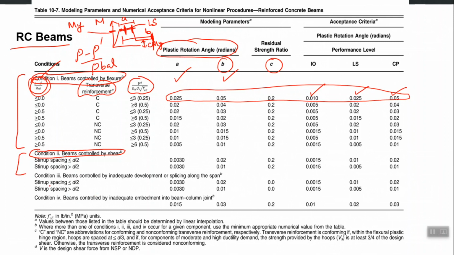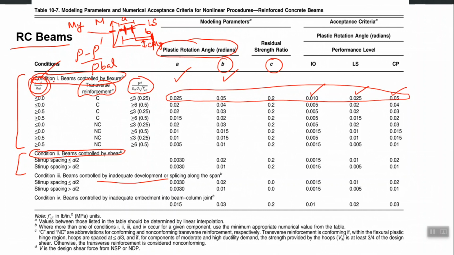There is a third condition also, beams controlled by inadequate development or splicing along the span. For beams controlled by shear, the capacity in the form of plastic rotations is lower. Beams controlled by flexure can be allowed to go more into the nonlinear range, so their small a, small b, small c will be higher, which means they are more ductile.